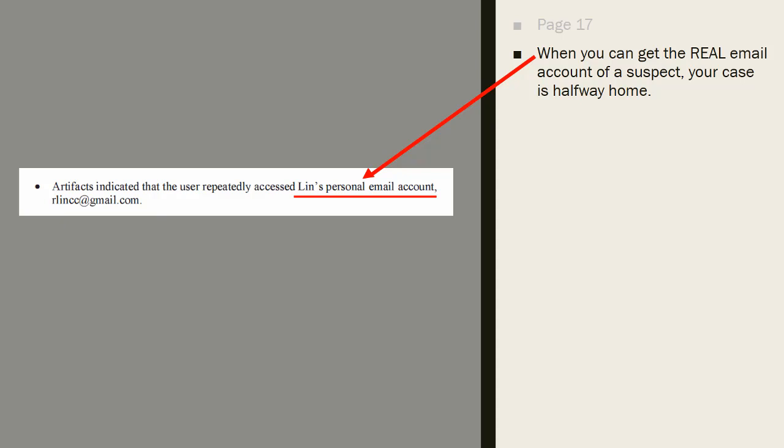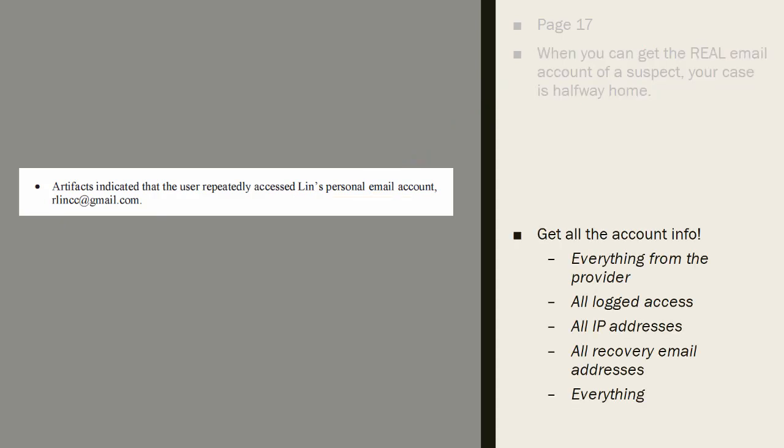But when you have an email account, the world is your oyster on what you can gather on a suspect, which means logged access, IP addresses, recovery email addresses, everything. Sometimes you can get phone numbers, real names, physical addresses. You can get a lot of information from a personal email account. As long as you have that email account, then you have legal authority to request it.